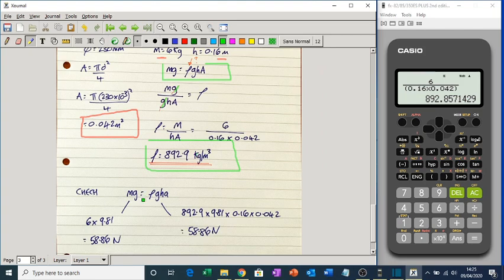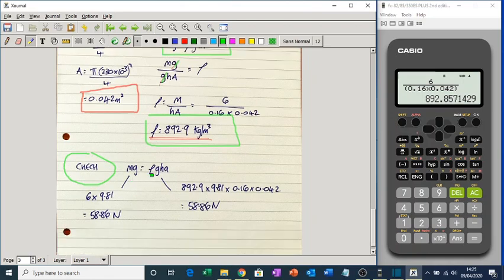And just to check, I always like to check. mg is rho g h a, so this side has got to equal this side. So there's the mass, there's the gravity, so 9.81 times by 6 gives me 58, tick.